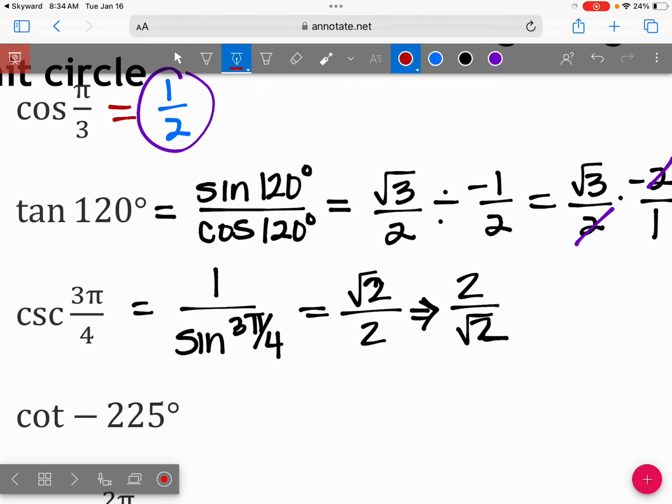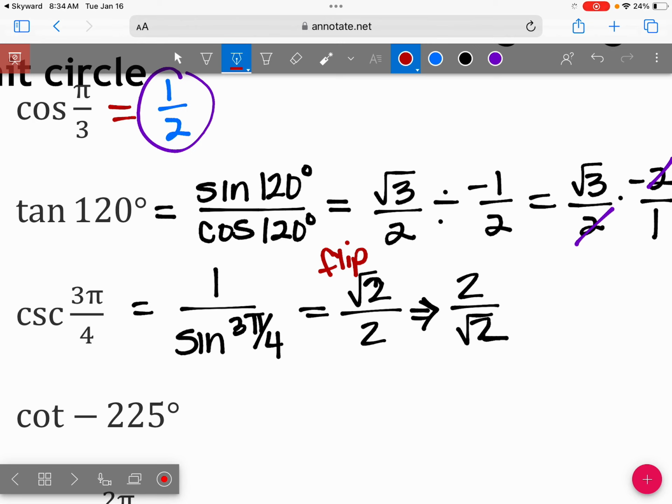All right, so this one here, we have to flip this answer to get to cosecant. But when we flip this one, we have a red light that we have to address. The red light is that we have a square root in our denominator.